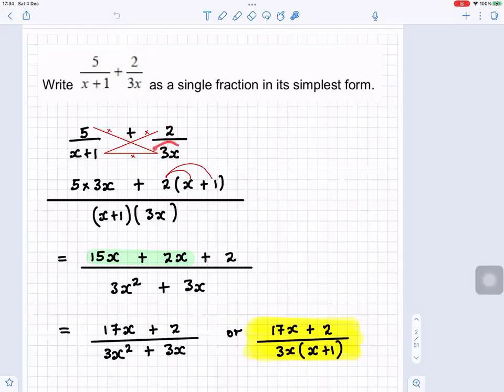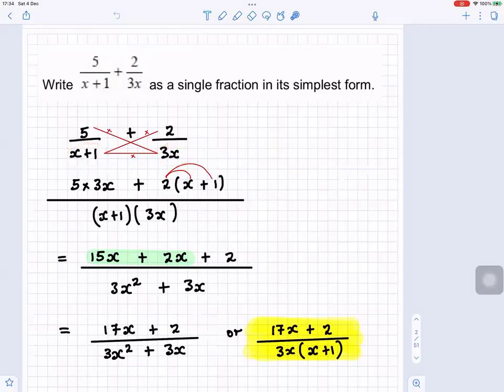So you multiply 3x times 5, or you do 5 times 3x. After that, you do 2 times x plus 1. Make sure the x plus 1 is in brackets, all over x plus 1 times 3x.